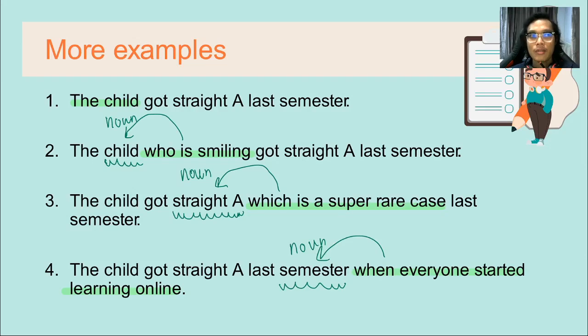Okay, so now I'm going to explain a little bit what the word clause means here. Clause. So, for example, the word examples. Example is a word, right? We have one word, examples.